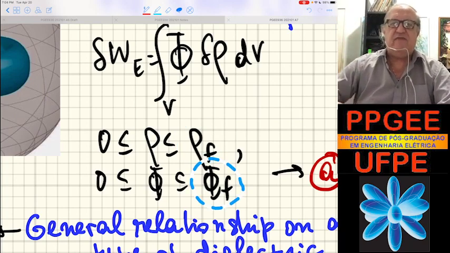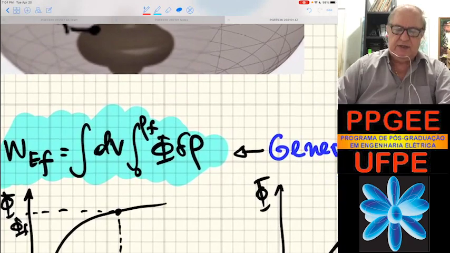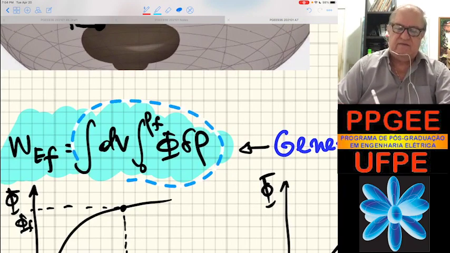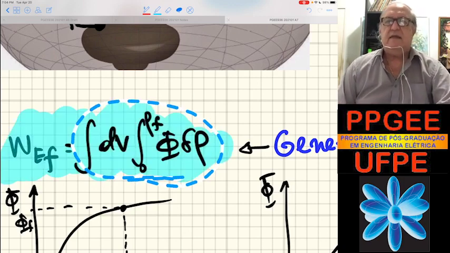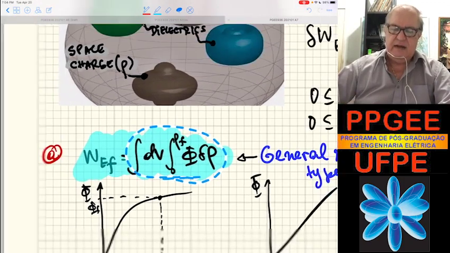So the final electrical energy is going to be that corresponding to this total change of charge density from 0 to rho f in some nonlinear media.